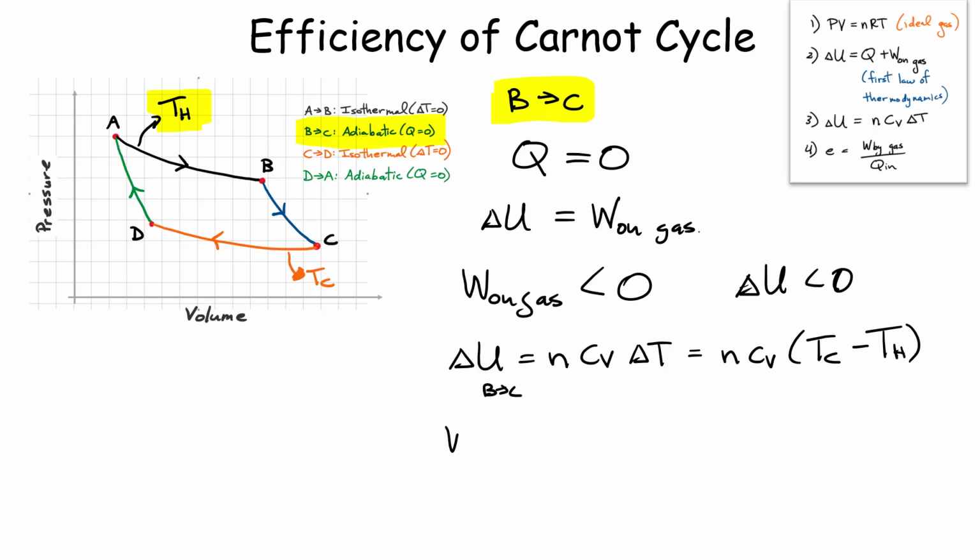It is also the work done on the gas: nCV delta T, TC minus TH. So look what we have here. Clearly TC is going to be smaller than TH because it's a colder temperature, right? So this work is going to be a negative value, and also the change in internal energy is going to be a negative value. All right, that's it. Now we're going to go back and finish these 2 processes. Let's go look at the next one now.